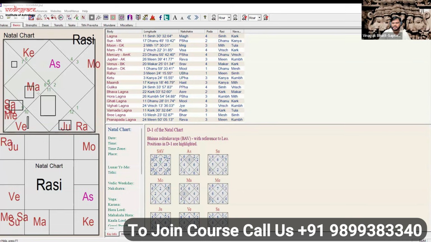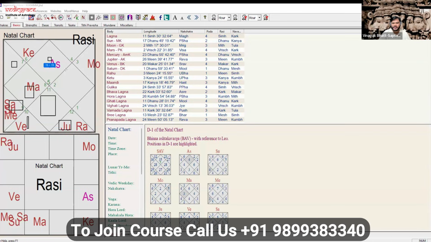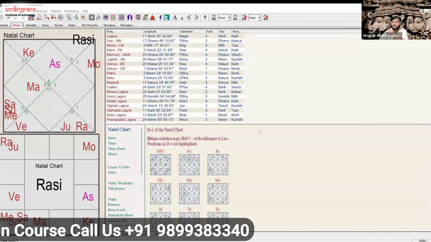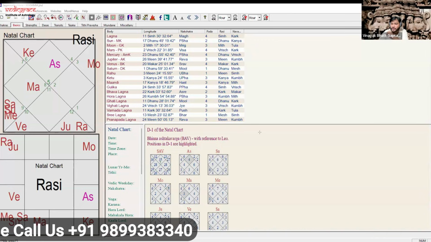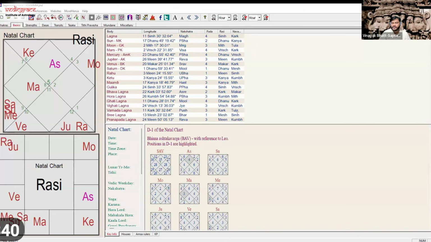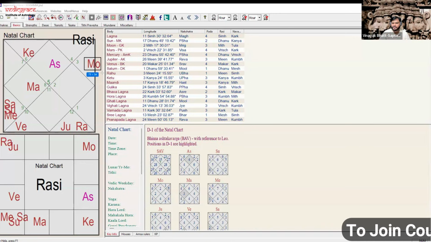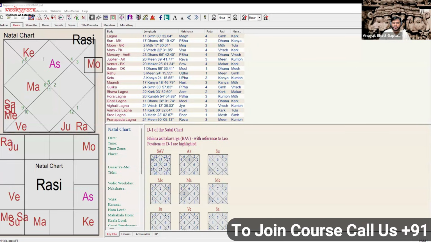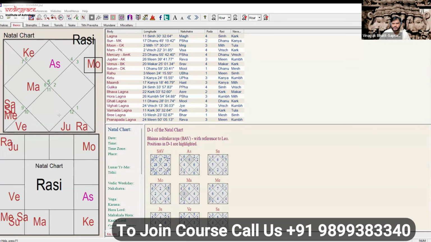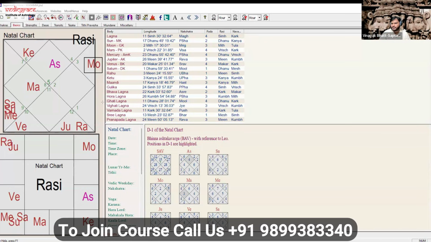This is not about these houses. This is about the empty houses. In this course, when you learn about progressions, you will understand this. If no planet is located to support in nearby houses, that is a difficult situation for the planet. We need some planet. Like in this case, you see the Moon is there. Whether Jupiter or Rahu reach the Moon, or Ketu reaches the Moon, in all cases this Moon is not helping anybody. So there is a lifetime struggle for this native.